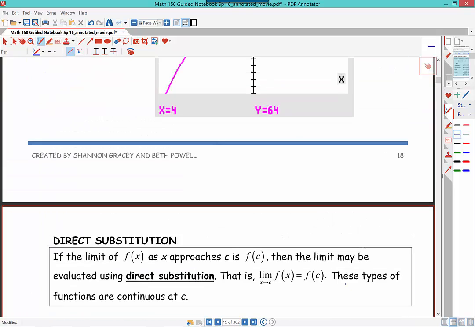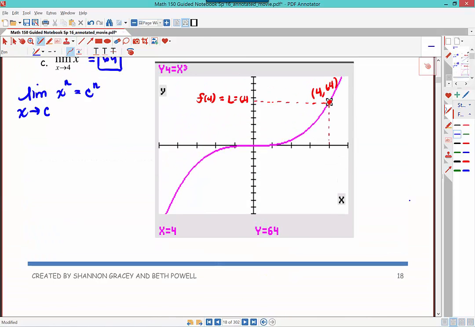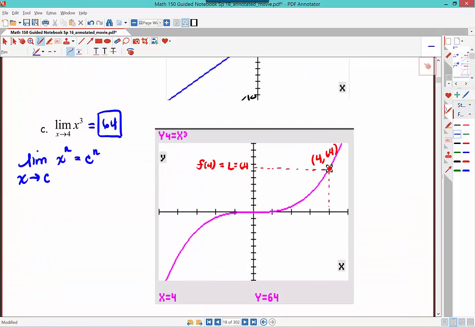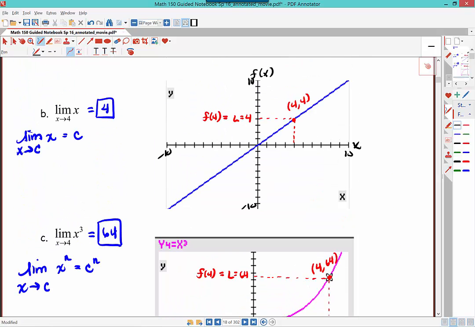So in the problems before, if f of x was equal to x, and we found f of 4 was 4, do you see that that function value is the same as that limit, right?